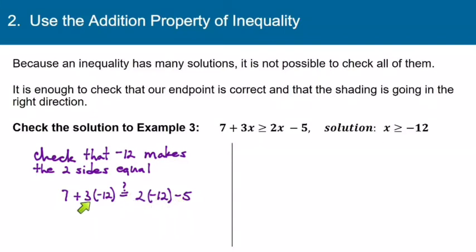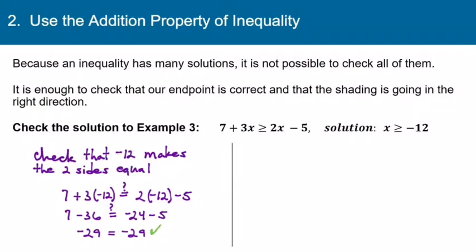Let's do the multiplication here. 3 times negative 12 would be negative 36, and 2 times negative 12 would be negative 24. And now let's just add both sides up. 7 minus 36 would be negative 29, and negative 24 minus 5 would also be negative 29.